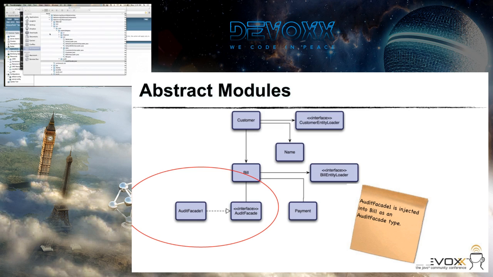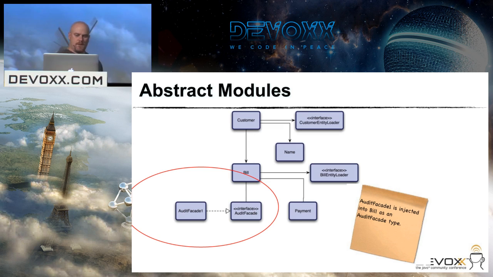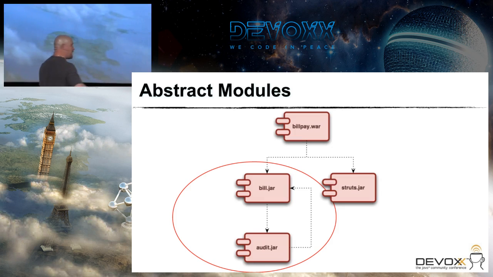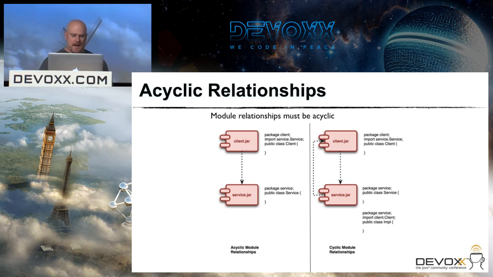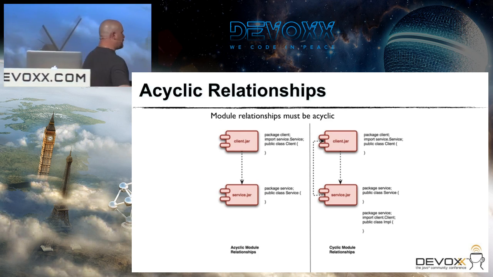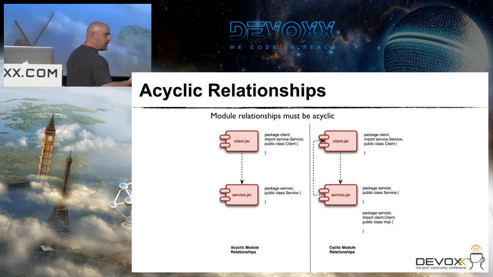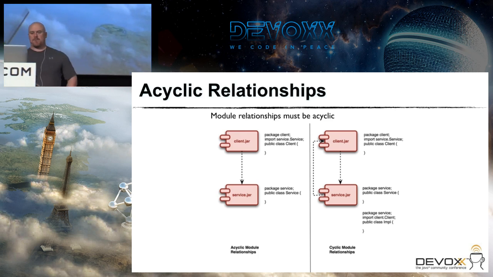So what I ultimately have to do is break this relationship apart. Pretty simple to do. I introduce an abstraction. Nothing fancy going on here yet. I introduce an abstraction that bill is coupled to, so that what I end up with is the ability to separate these two things out into separate modules.